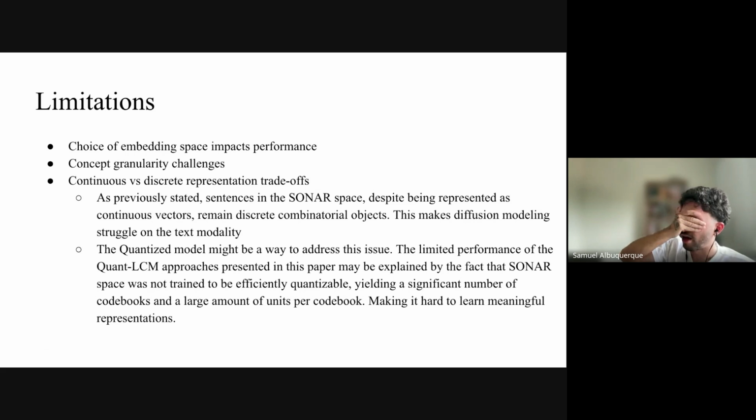And I found it really interesting to see the limitations that they present here, because when I first was reading about this paper, the headlines of the articles were like, is Meta killing LLMs? Are tokens bad?